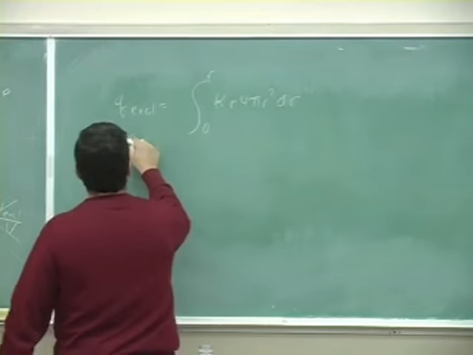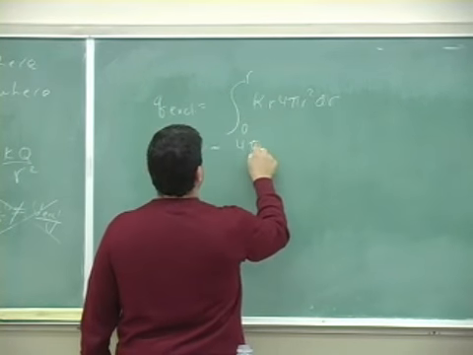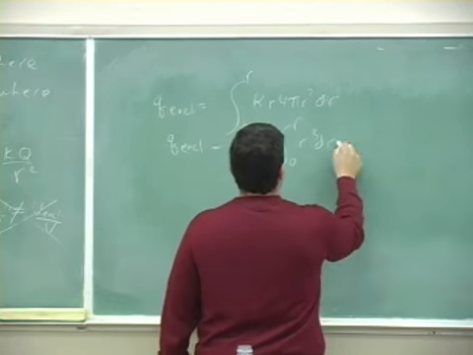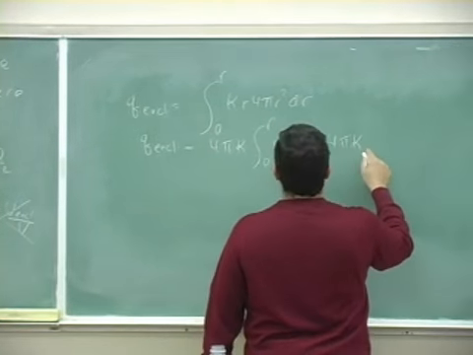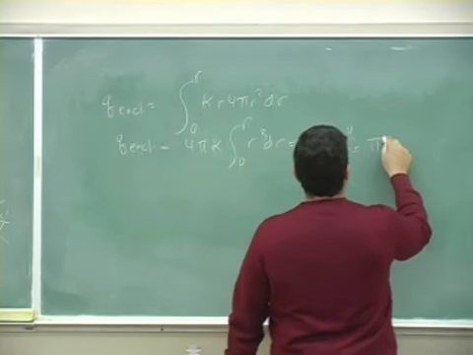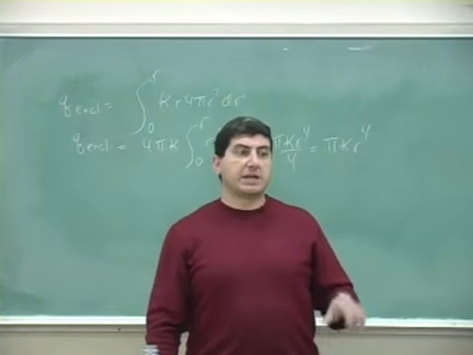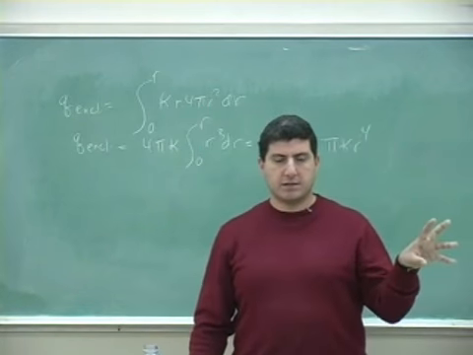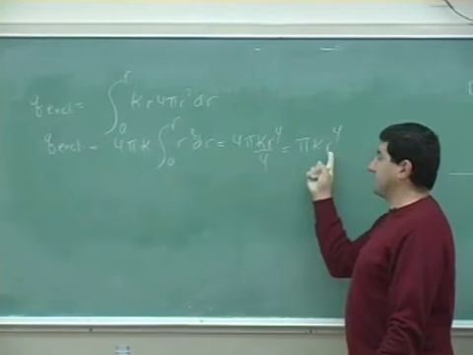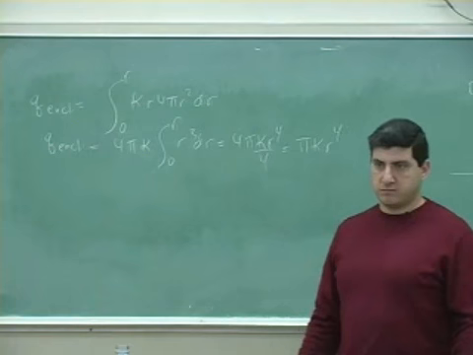The 4 pi kappa comes out, then you integrate r cubed dr from 0 to r, and you get 4 pi kappa r to the 4th over 4, which is pi kappa r to the 4th. So what I got is a formula that tells me the Q enclosed within a certain distance little r is equal to pi kappa little r to the fourth.